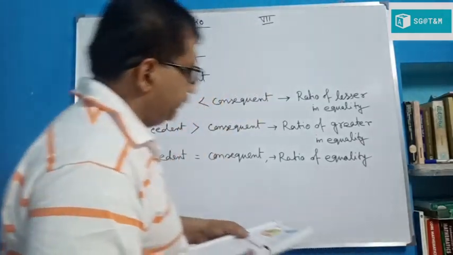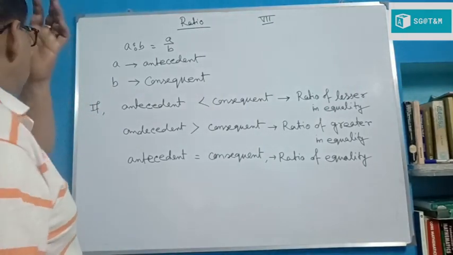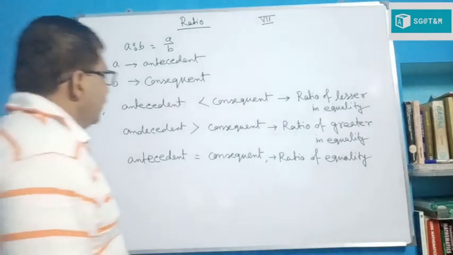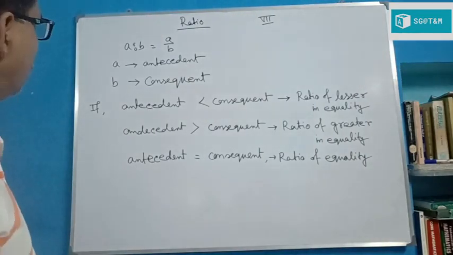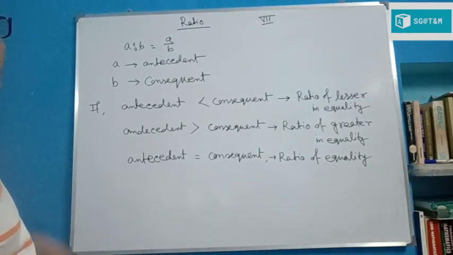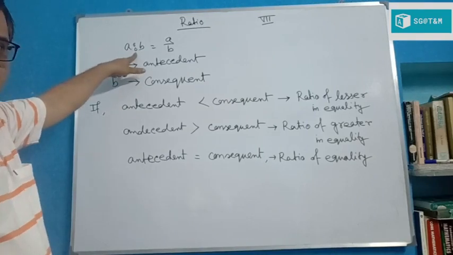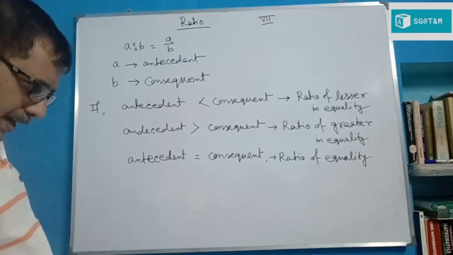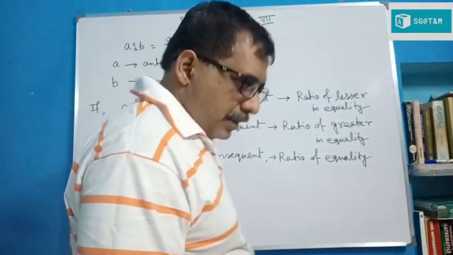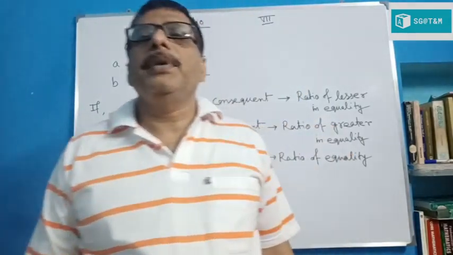Ratio again. The ratio of two numbers A and B is A is to B. It is known to all of you, and is written as A:B, that means A by B. When we find a ratio, the numbers must be in the same unit.